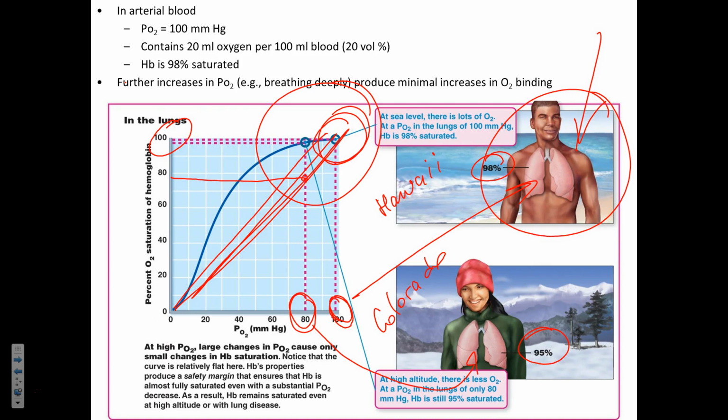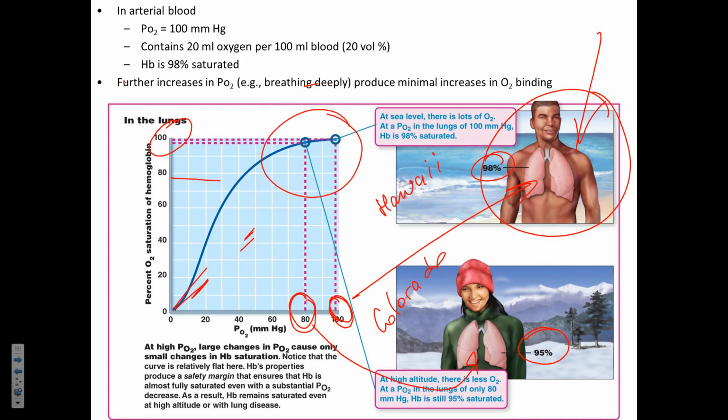Does that make sense? This specific shape here, this plateau on top of the curve, allows you to still have good saturation of hemoglobin when oxygen levels drop.